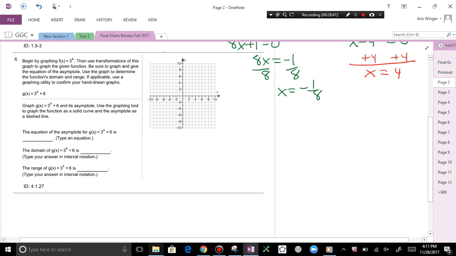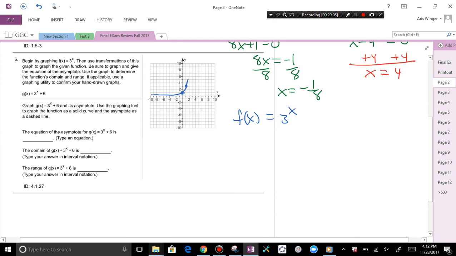I'm going to graph the exponential function. F of x is equal to 3 to the x. So at 0 it's 1. At 1 it's 3 to the first, which is 3. And then it looks like this.